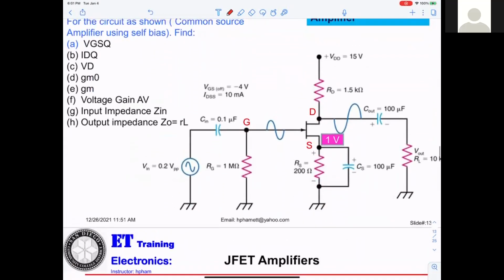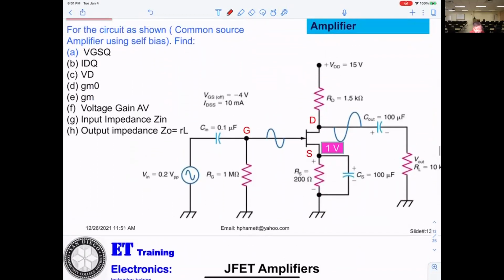On that one here, they already tell you they want VGSQ. Quickly, let's see if we can get through this. VGSQ means at the Q point. VGS, we already did that, right? That's a DC calculation.